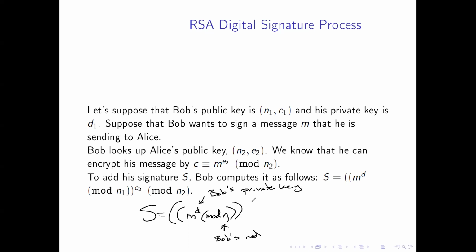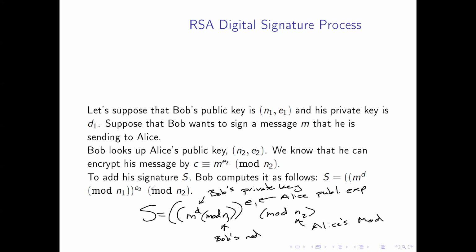Then he's going to take that whole thing and raise it to Alice's public exponent, and then take all that mod her mod, Alice's mod. Why? Because these are really two different functions. Each one is a function. We're running it through an exponent and then a mod. Exponent and then a mod. That's the function that we're operating in here. And when he does this, he will get an output that is the signature.